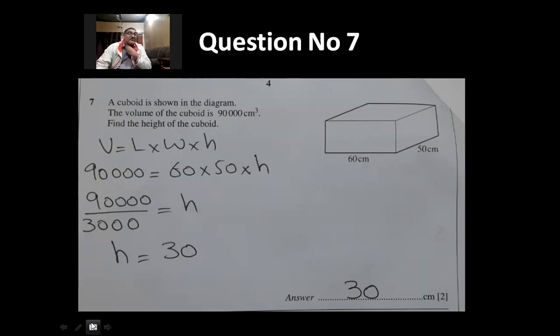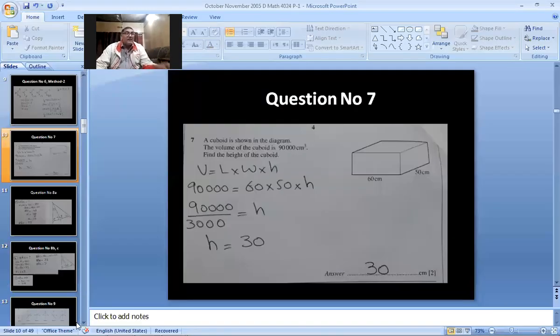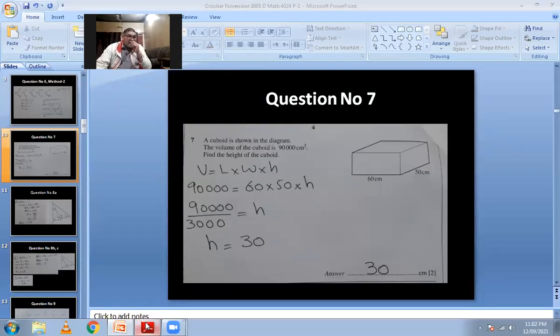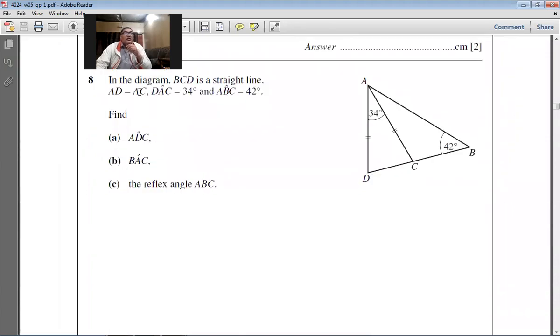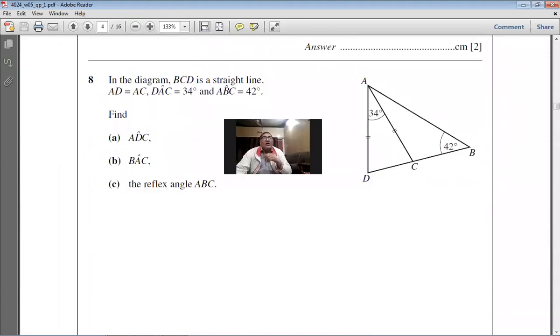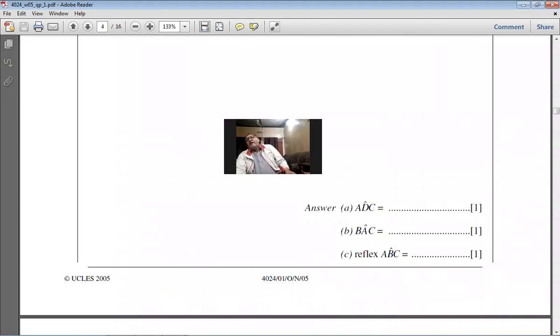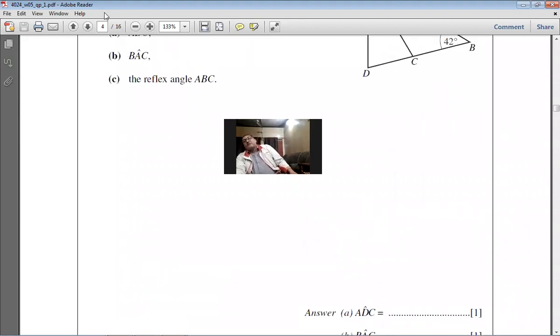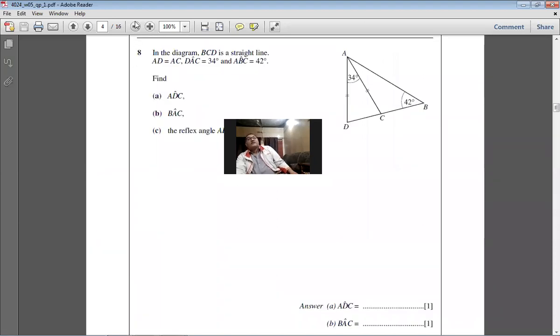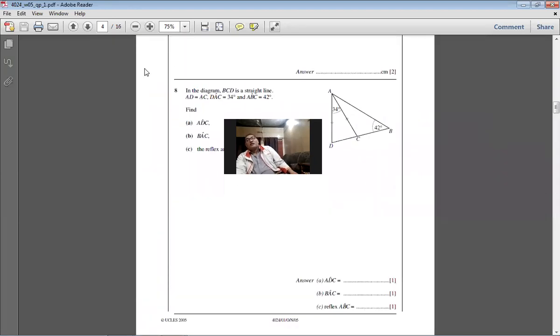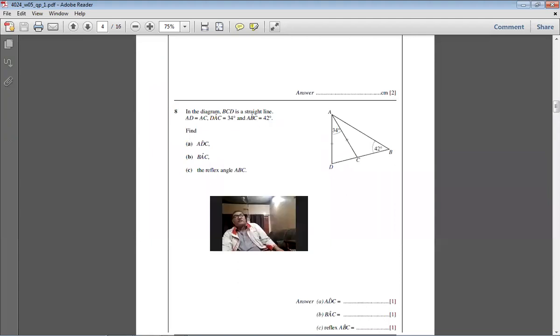Okay, so the next question. It's a 1 mark question. So let me reduce the size so you can see the whole thing. The question is something like this.